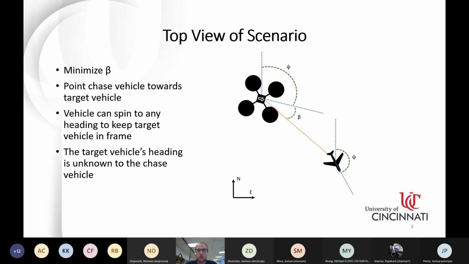That's essentially the difference between the heading angle psi of the vehicle and the relative position of the target vehicle. Again, we don't know where that target vehicle is heading. We just know its relative angle from the chase vehicle.